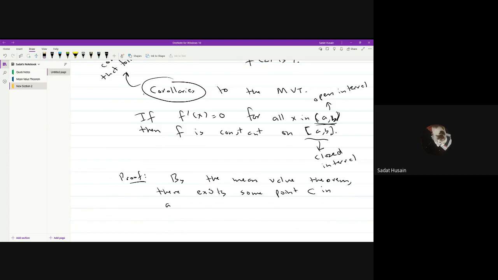Let's pick some points x1 and x2 in the interval (a, b).